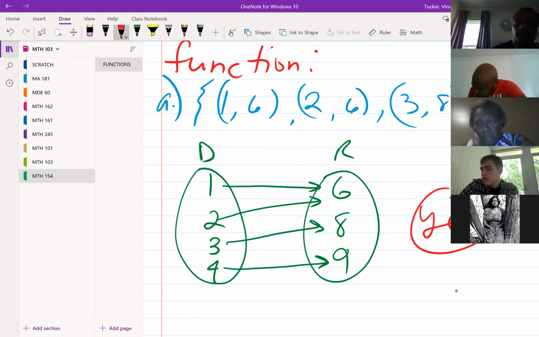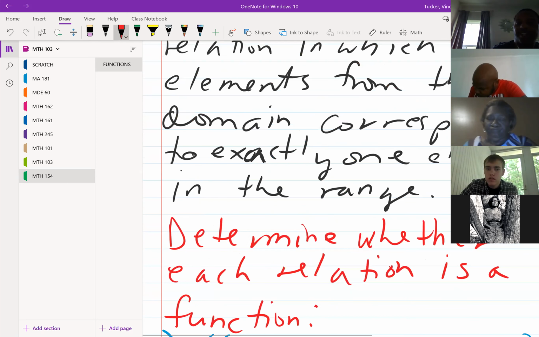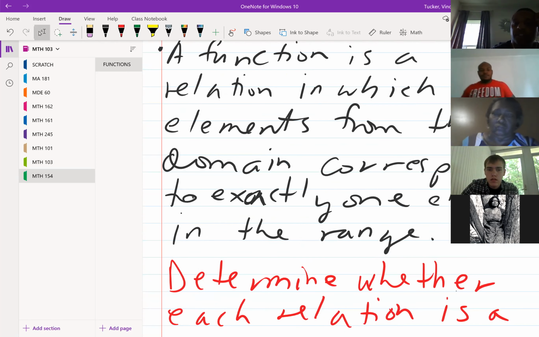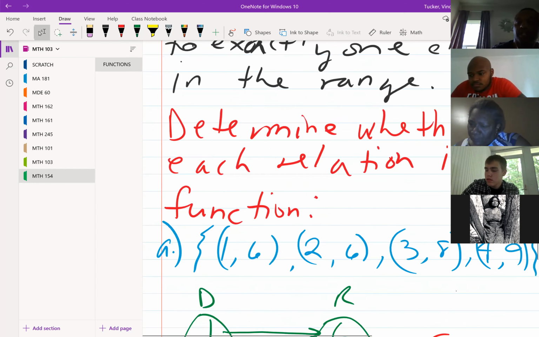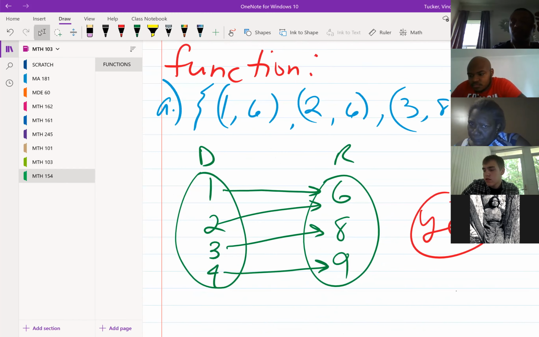I'm confused. I don't know. Okay. So go back to the definition. A function is a relation in which the elements from the domain corresponds to exactly one element in the range. So you look at your domain. Your domain is 1, 2, 3, 4. Your range is 6, 8, 9. So you have to ask yourself this question for each individual element in your domain.